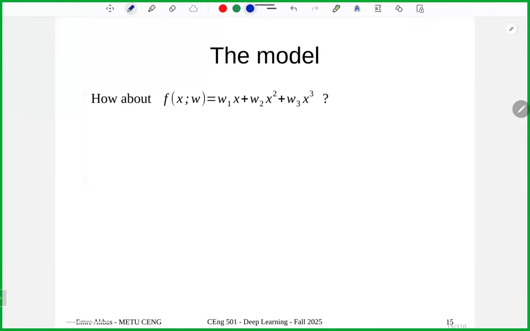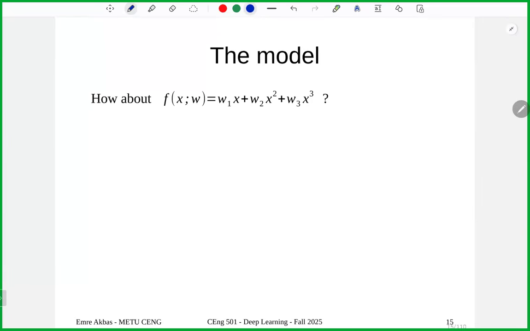How about this one? It's a polynomial model, let's say. It processes the input x by multiplying it with different weight scalars, w1, w2, w3, but also taking the exponents of the data.